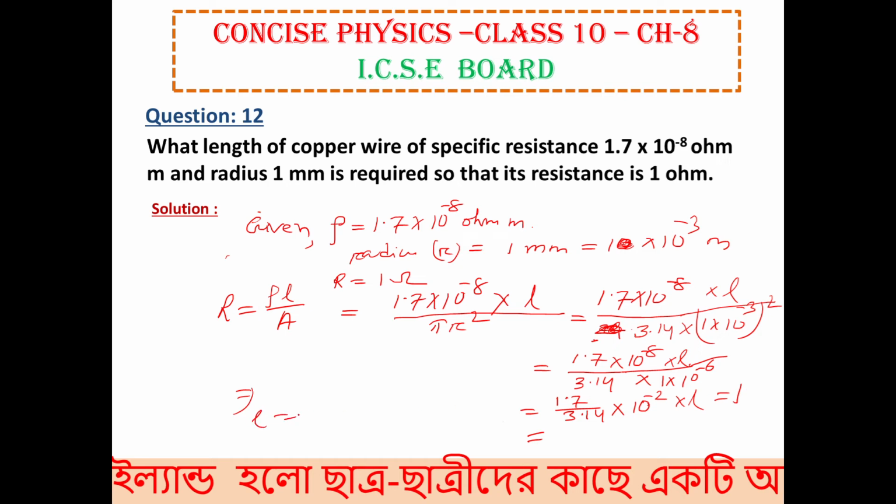So finally I can find out the L is 3.14 into R square divided by 1.7 meter. So if I calculate it, we will get 1847 into 10 to the power 10 square meter. So finally it will come 184.7 meter. So the length of the wire will be 184.7 meter.